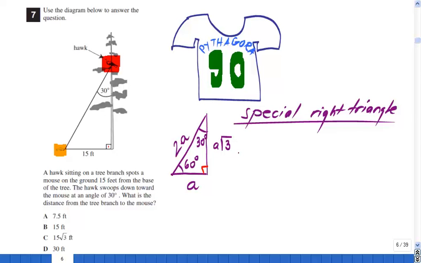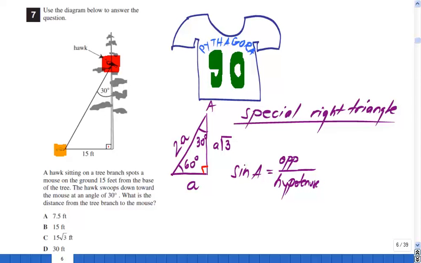Okay? Do you guys remember basic trigonometric functions? Sine of, let's say, this angle, let's make it A. Sine of that angle A, sine A, will equal the opposite side over hypotenuse, right?